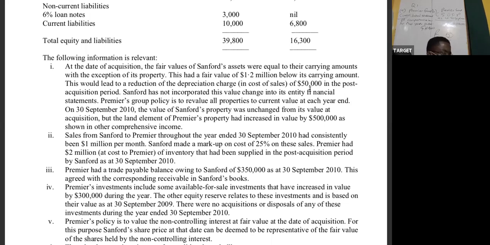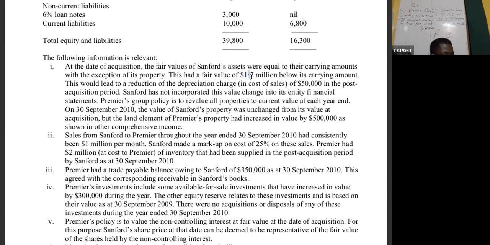Now let's continue. Stamford has not incorporated this value change into the entity's financial statements. That's a good examiner. So what you have to do is this: you add this 1.2 million back to the PPE, the property. What happened is this is a loss, so you must incorporate it in the financial statements.